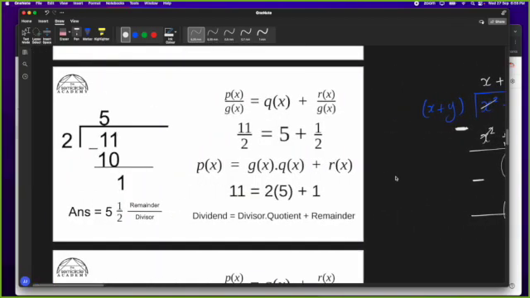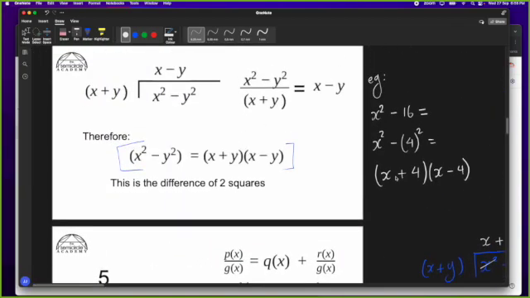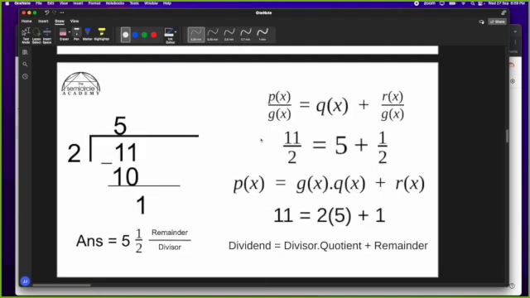So this is what I'm talking about here, right? Notice I have 11 divided by 2. 11 divided by 2 is 5 plus the remainder over the divisor.